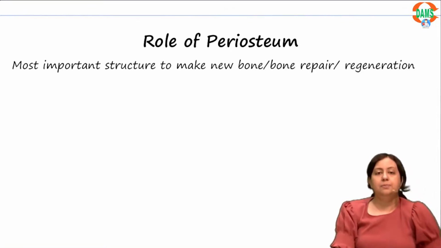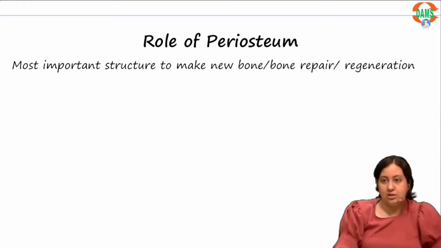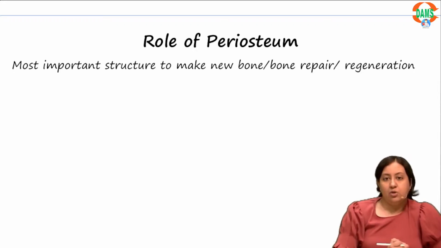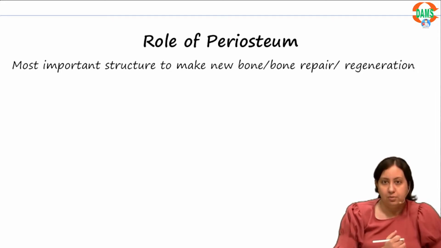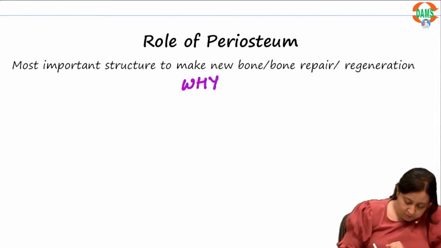Now, the role of periosteum is very important in distraction osteogenesis. It is the most important structure that is associated with new bone formation, bone repair, or regeneration. Now, the question is why is periosteum important?